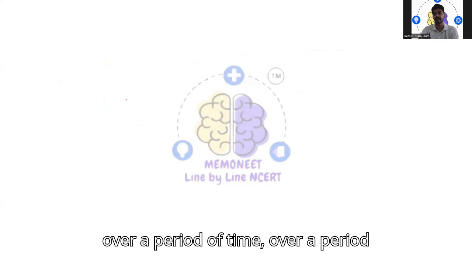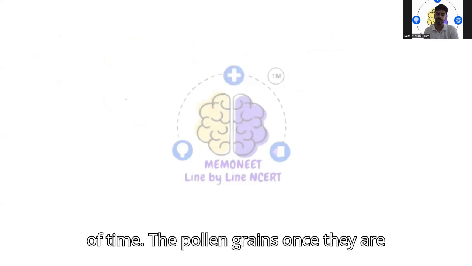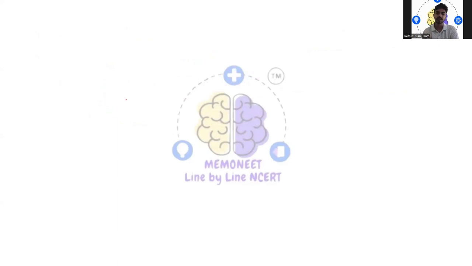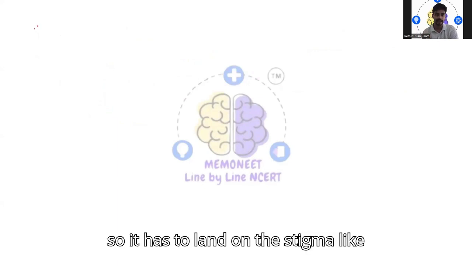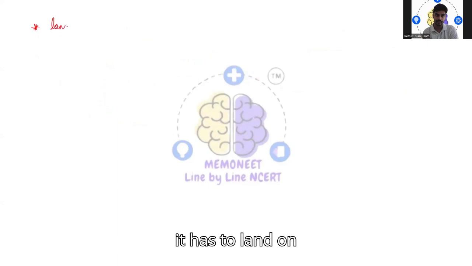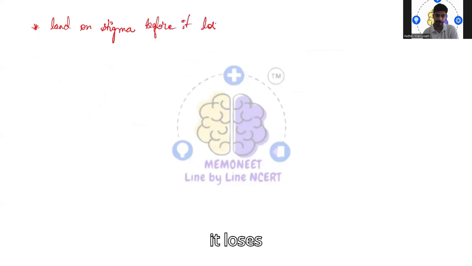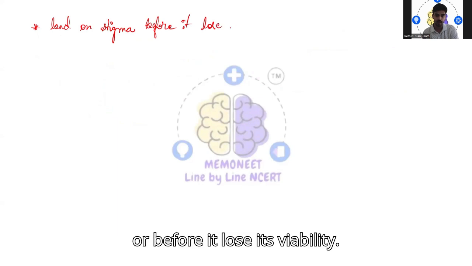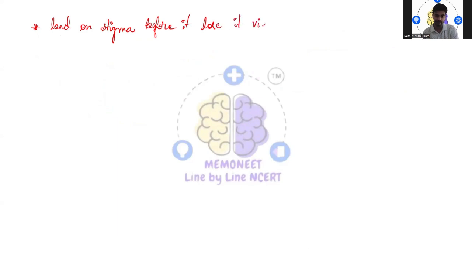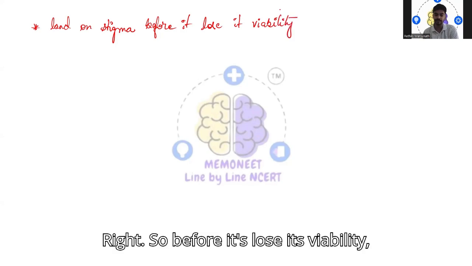Over a period of time, once the pollen grains are shed, they have to land on the stigma before they lose their viability.